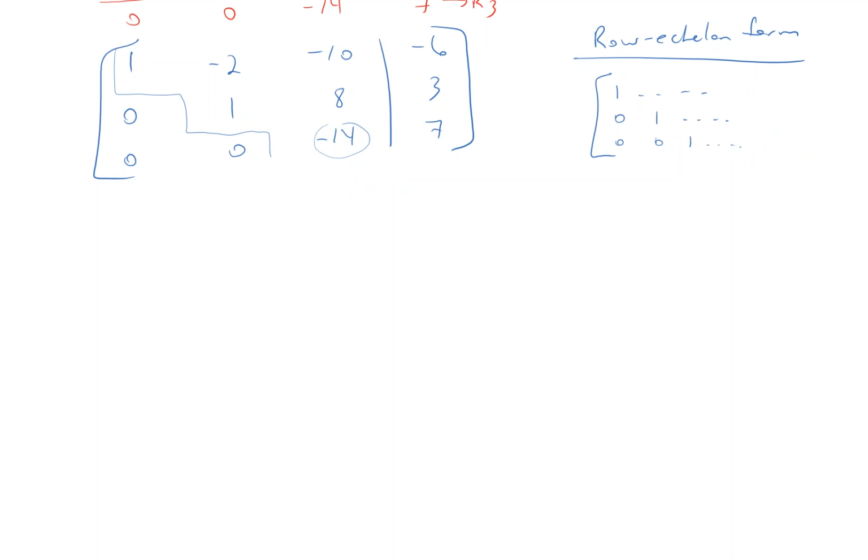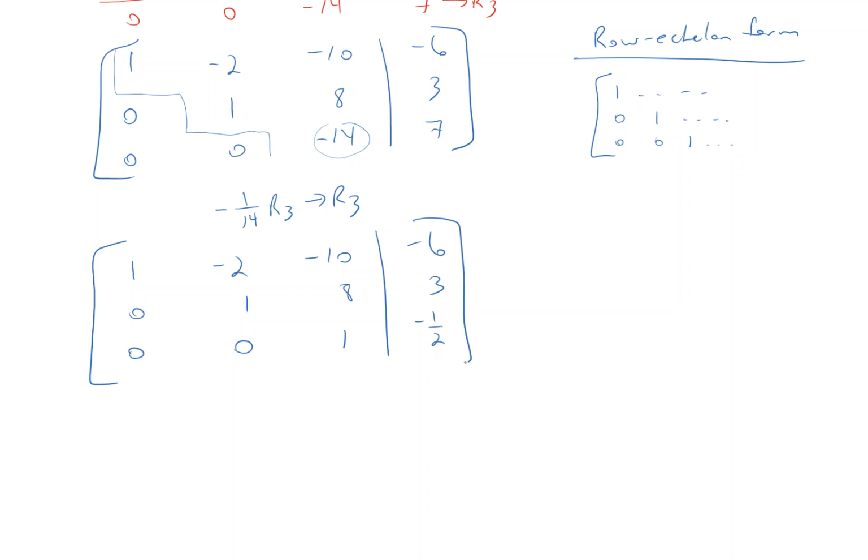Okay, so what I'm going to do is turn this negative 14 into a 1, by taking negative 1/14, or I'll divide by negative 14 basically, times row 3, and that's going to give me my new row 3. So I've got 1, negative 2, negative 10, negative 6, 0, 1, 8, 3, 0, 0, divide by negative 14 and I get 1, divide by negative 14 and I get negative 1/2.